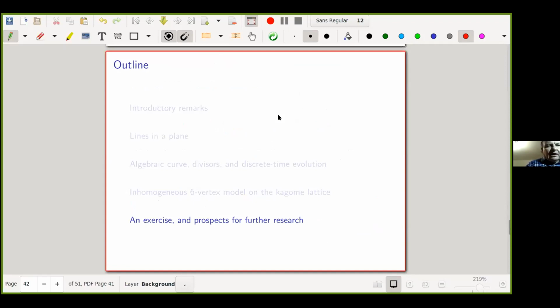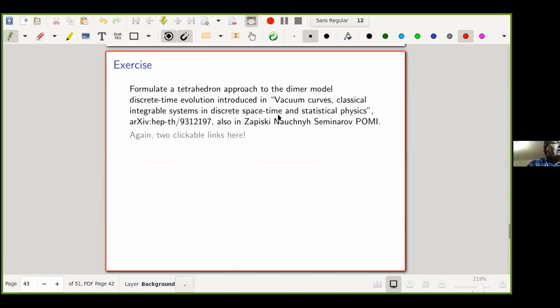Okay, I have almost finished, but what I want to say, there is one more paper, and it was done even earlier than my paper that I was speaking about, and it was about vacuum curves, or better to say, the same curves that were called vacuum curves in Krichever's paper.